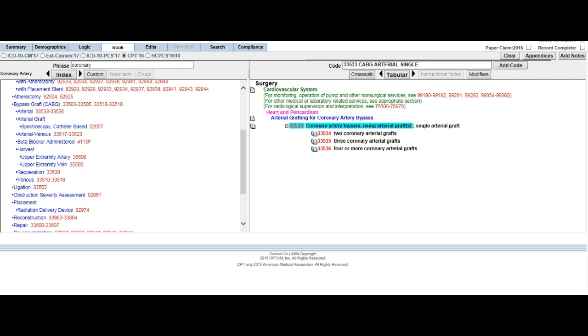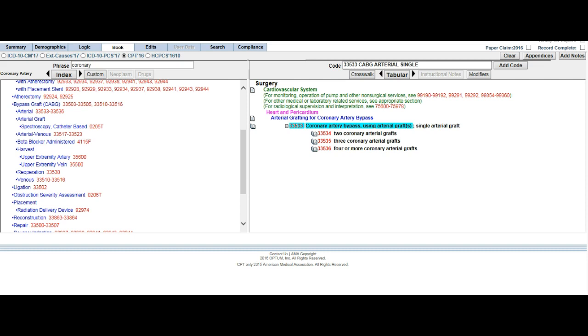So he did a coronary artery bypass graft using arterial grafts. Did he use arterial grafts? We can say the mammary artery was anastomosed to the proximal portion of the obtuse marginal branch.